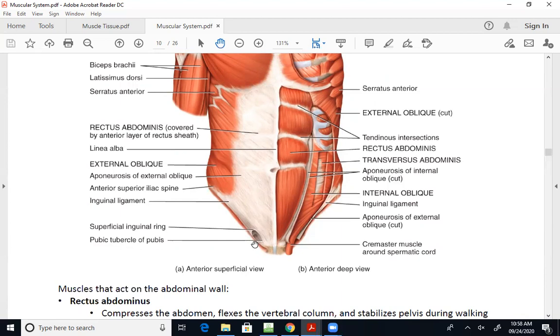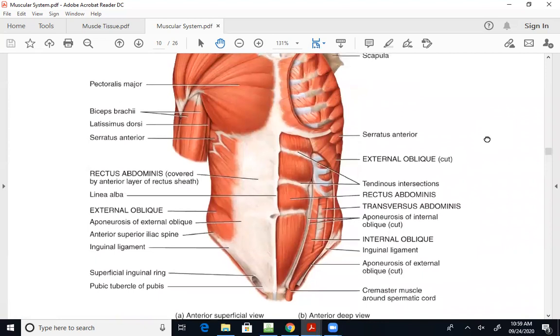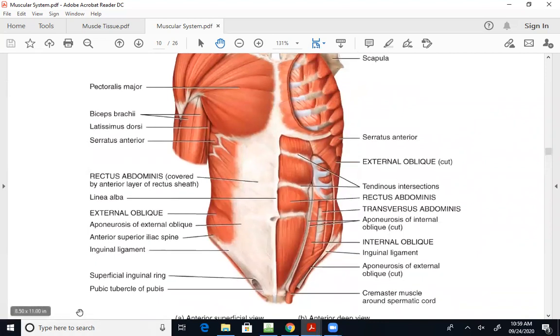So even though the testes are right next to the penis, it's not a direct shot for the sperm. It's kind of cool, kind of weird, but that's the way it is. We'll talk more about all that when we get to the testes and penis. So that's the superficial inguinal ring.